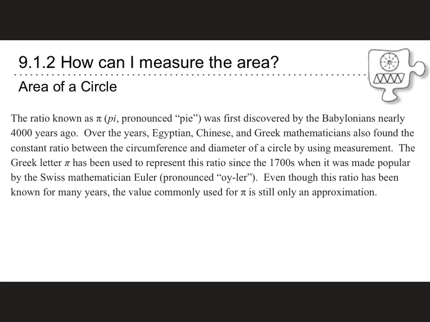Even though this ratio has been known for many years, the value commonly used for pi is still an approximation. The only exact answer that there is for pi is the pi symbol. All right, so let's start off with looking at this.